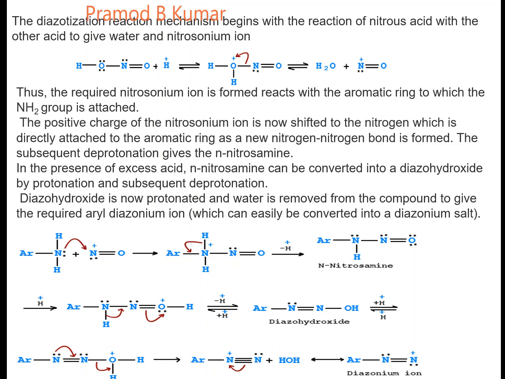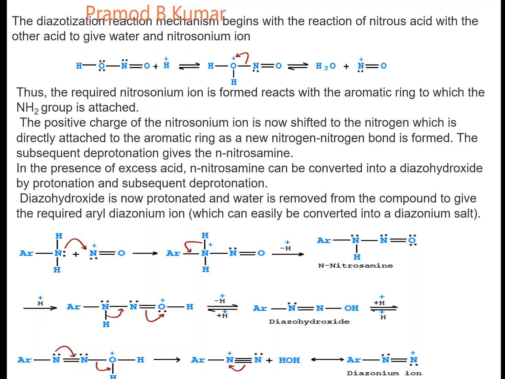In doing so, the amine in your aromatic aniline gets a positive charge. The positive charge from your nitrosonium ion is now shifted to the nitrogen in the amine group which is attached to the aromatic ring, and a new nitrogen-nitrogen bond is formed.